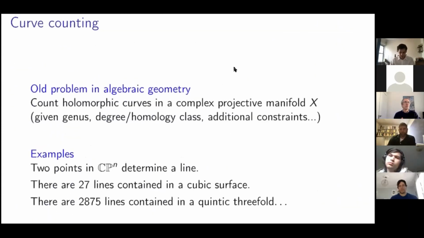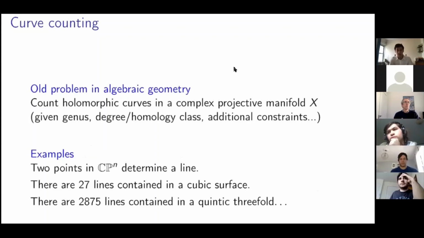So let me begin with an old problem from algebraic geometry. Given a complex projective manifold X, count holomorphic curves which satisfy certain conditions. For example, you fix the genus and the degree, or equivalently a homology class, and maybe specify additional constraints, such as that your curves pass through a collection of points or a collection of submanifolds.